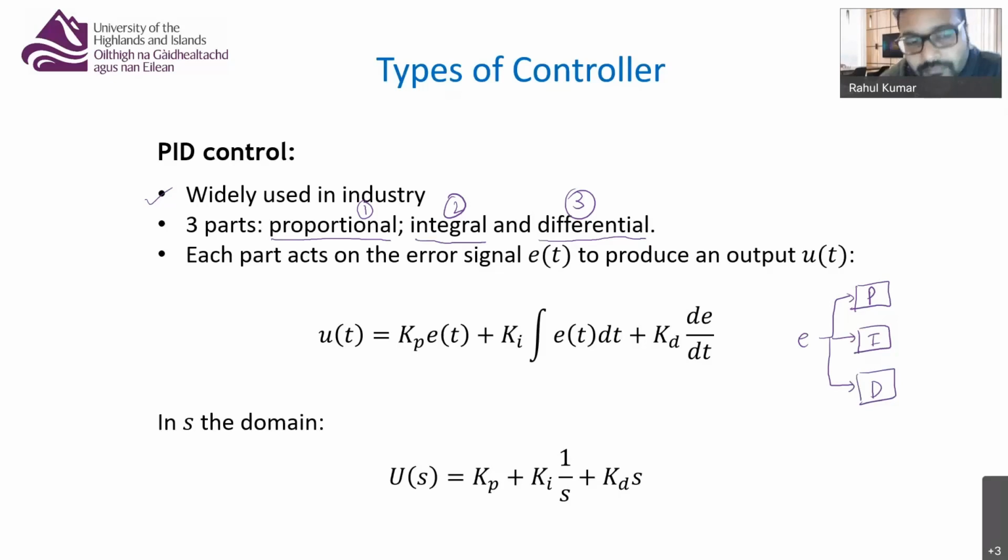They perform certain control actions, and the output from each of these controllers is then added together to achieve the final control signal, or the output of your PID.